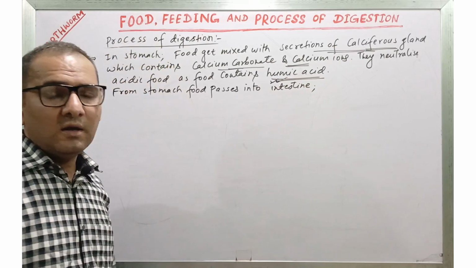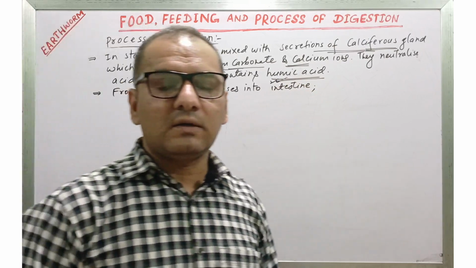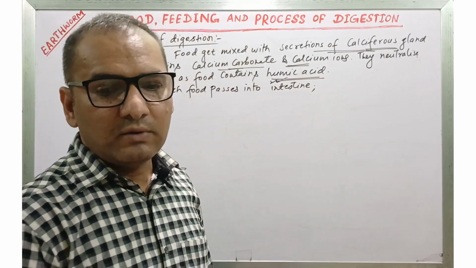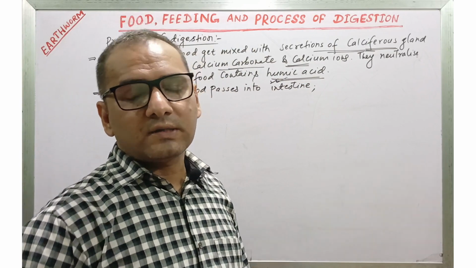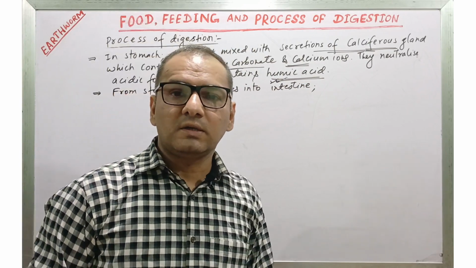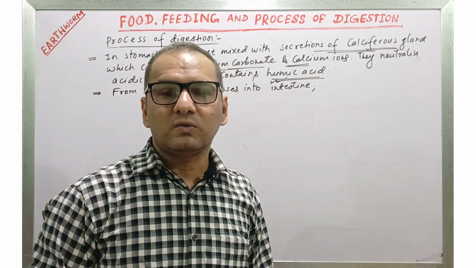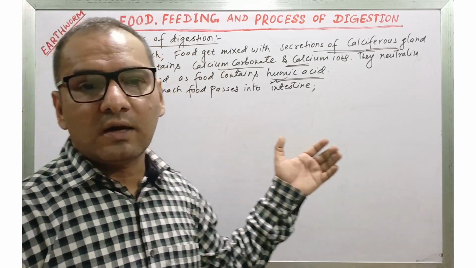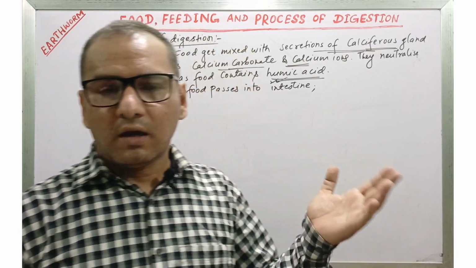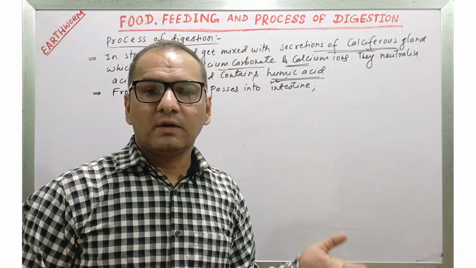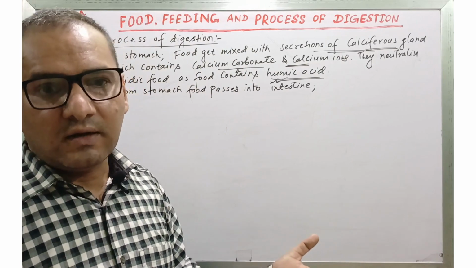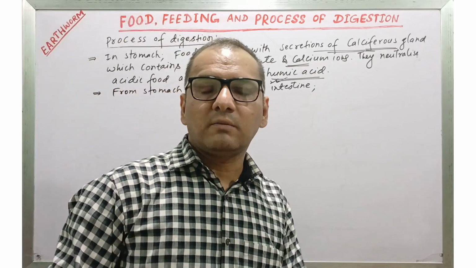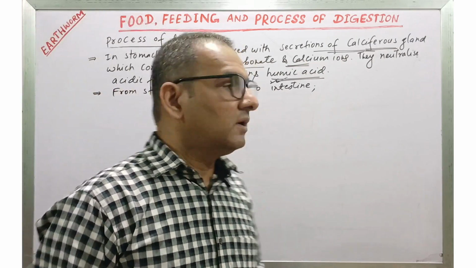Here in the intestine the food gets mixed with the secretion of the intestinal glands. We have studied the secretion of the intestinal gland, which is also called intestinal juice, and this intestinal juice contains different digestive enzymes: pepsin, trypsin, amylase, lipase, cellulase, chitinase, etc. These are the different digestive enzymes. They act upon different types of food.